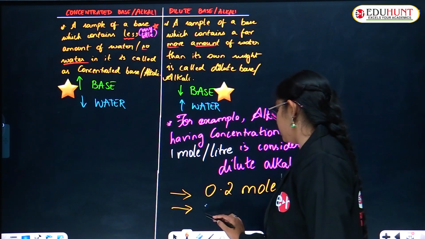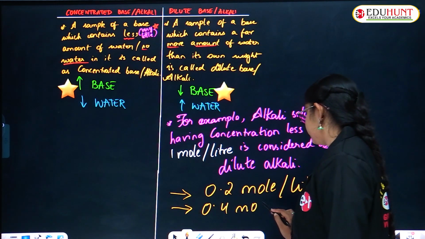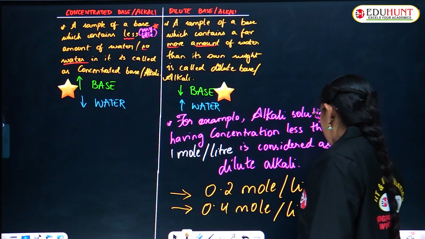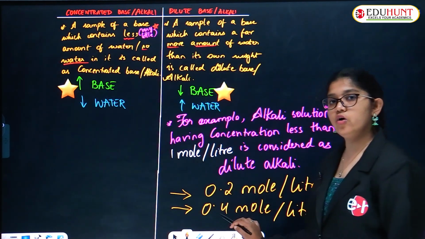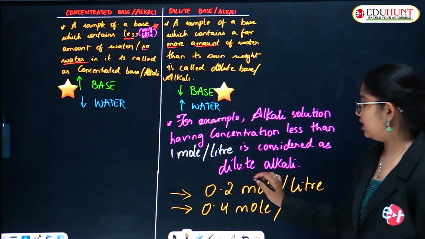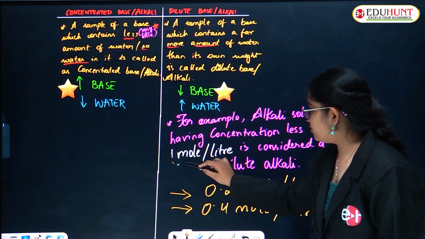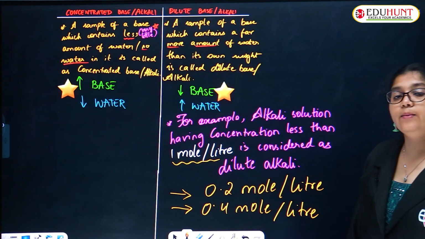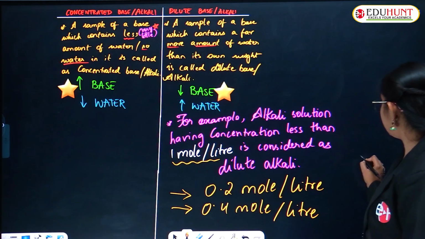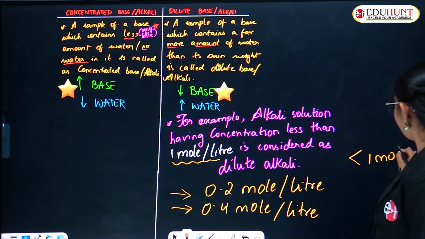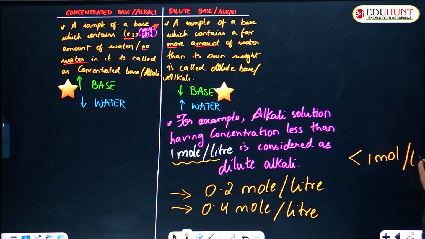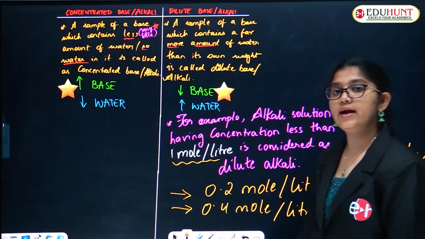If it is having 0.4 mole per liter, the concentration is only 0.4 mole per liter, it is dilute. Because why? If the value is less than 1 mole per liter, we can call it dilute alkali.